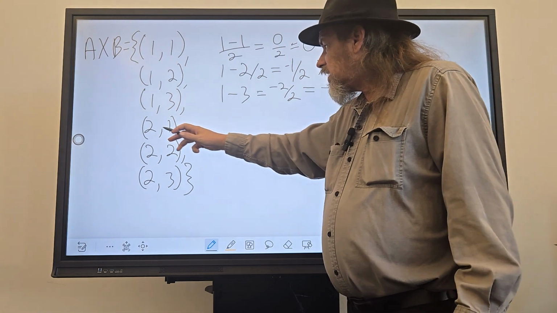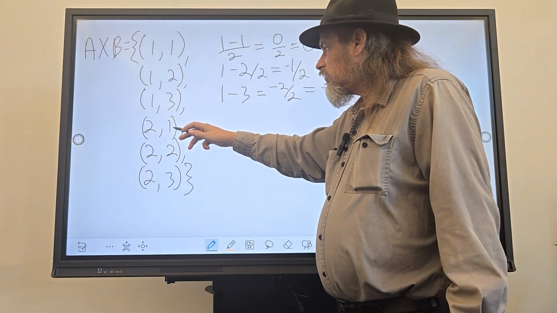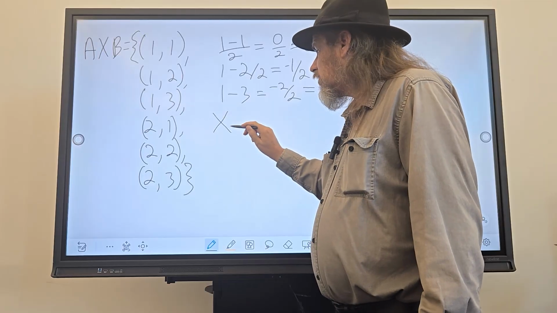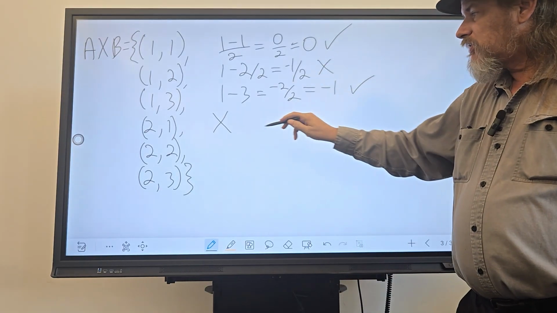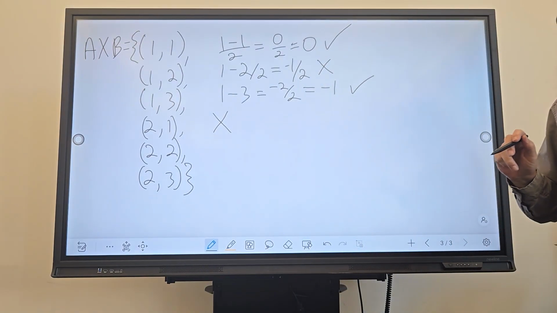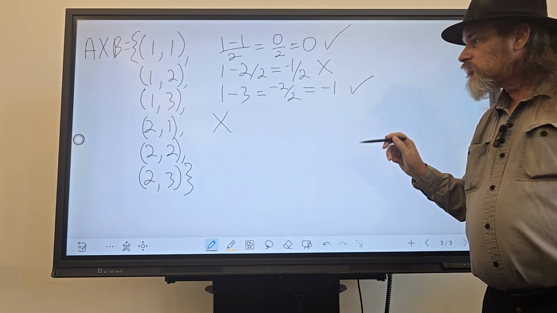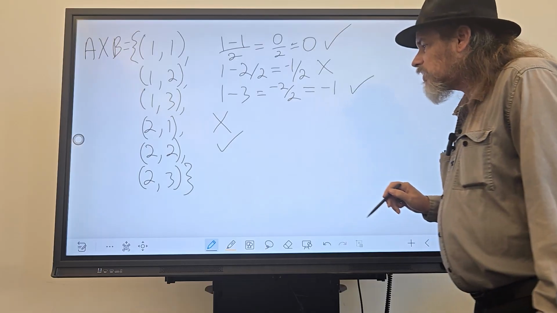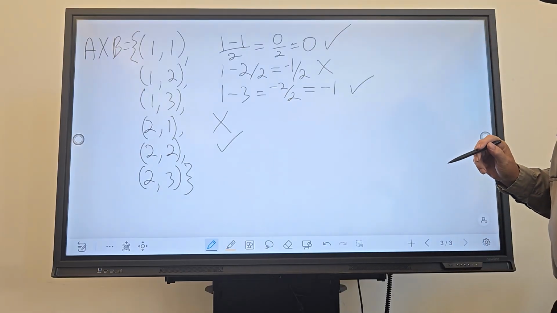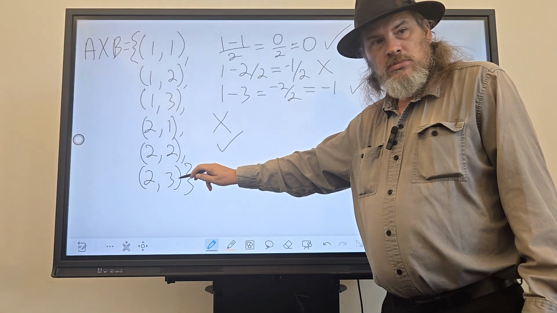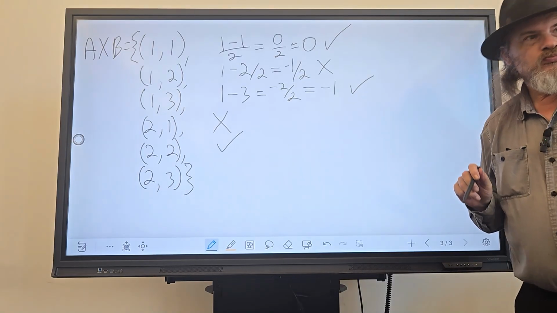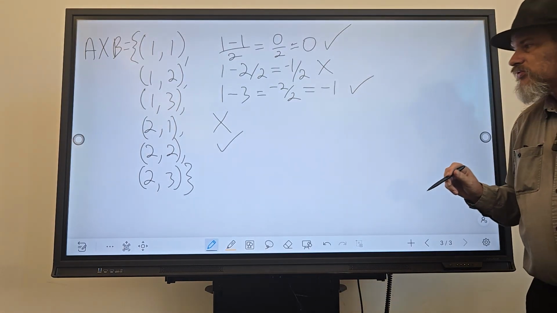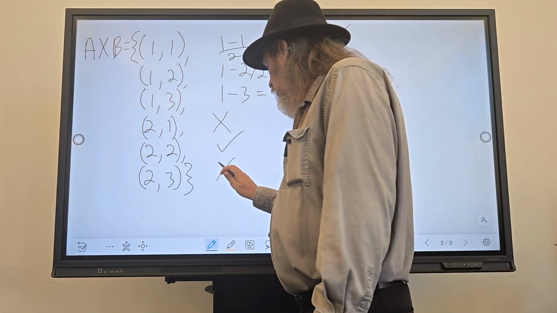I'll do these in my head here. 2 minus 1 over 2, 1/2, so that's not. 2 minus 2 over 2, 0, so it falls in the relation. And 2 minus 3 over 2 would be negative 1/2, so that would not be in the relation.